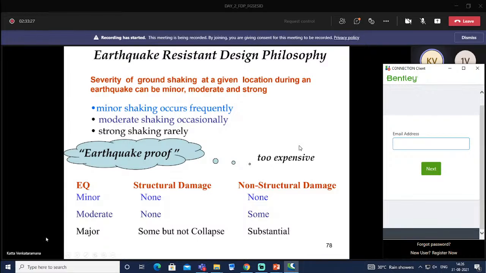And in the case of major, severe earthquakes, there can be some damage even to structural elements.